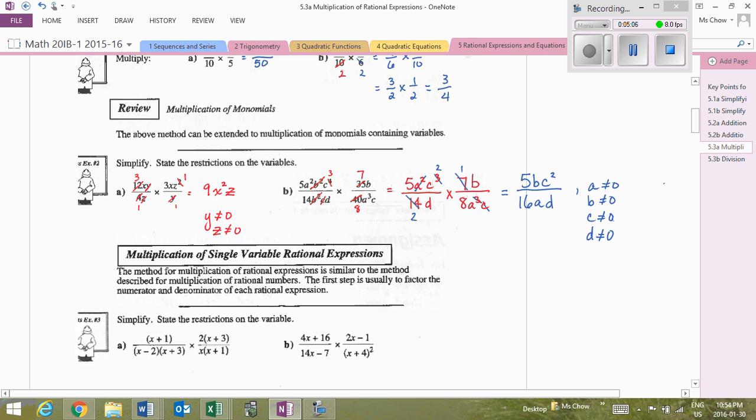And it's good general form just to write out all of the variables separately as opposed to saying all of A, B, C, and D cannot equal 0.